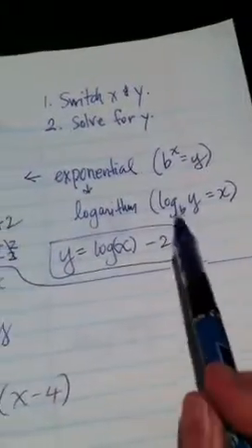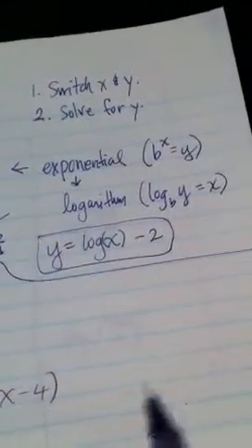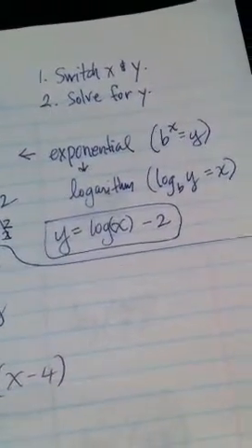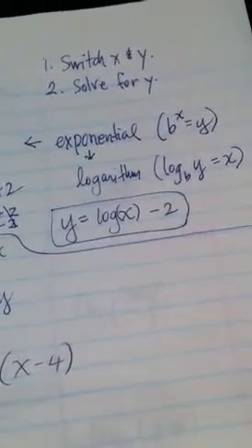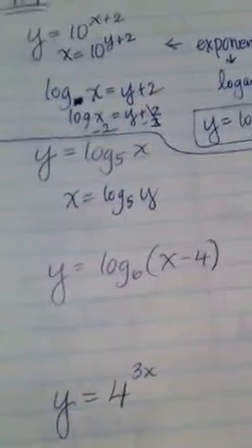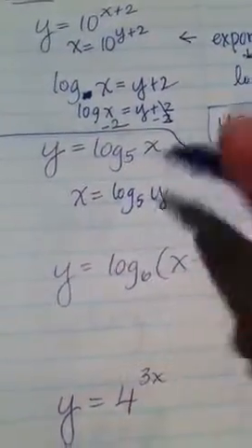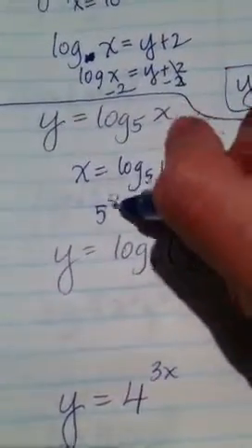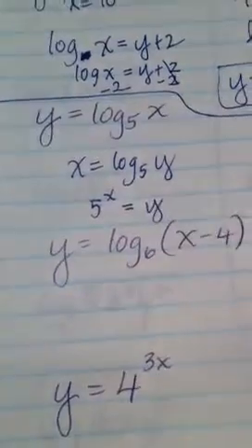So I look up here, and you should have those written down somewhere, or you should have it memorized at some point, or you could just write it on your note card. But right now I'm in log form. I want to rewrite it in exponential form. So I take the little number, that becomes the big base, the x becomes the exponent, equals y.